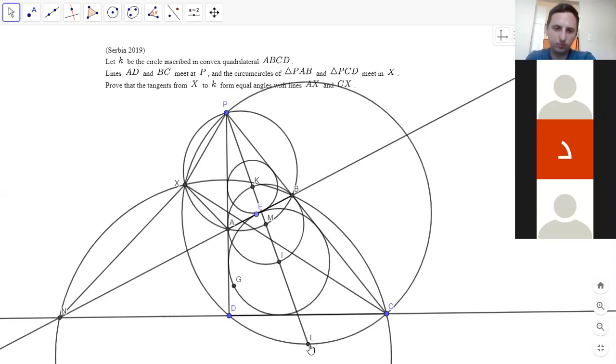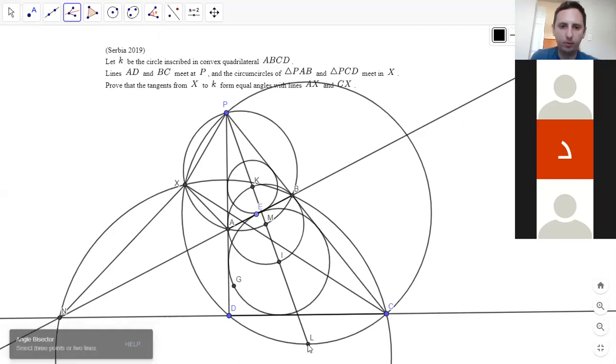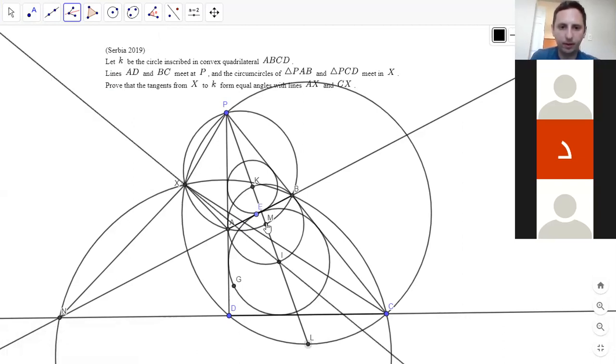And we have that the triangle XAB is similar to XDC. Oh, wait, I think it might be kind of easy. So basically we could show XI is the bisector of angle X. Yeah, that's correct. And then once we know that, can we show angle L?